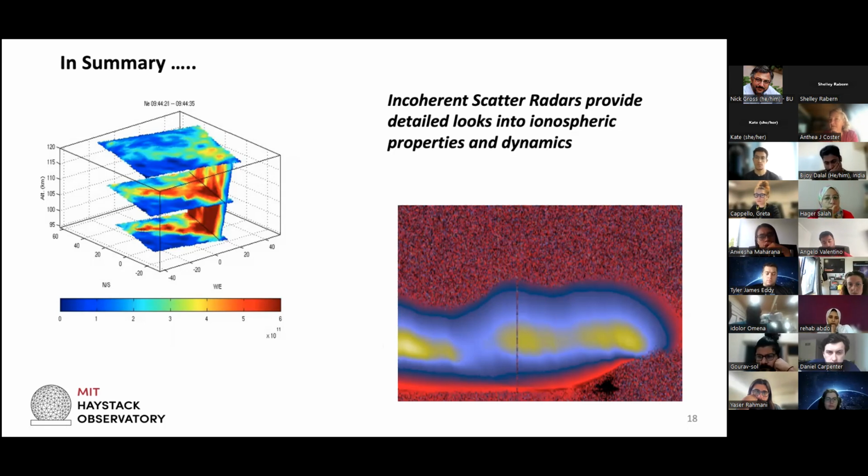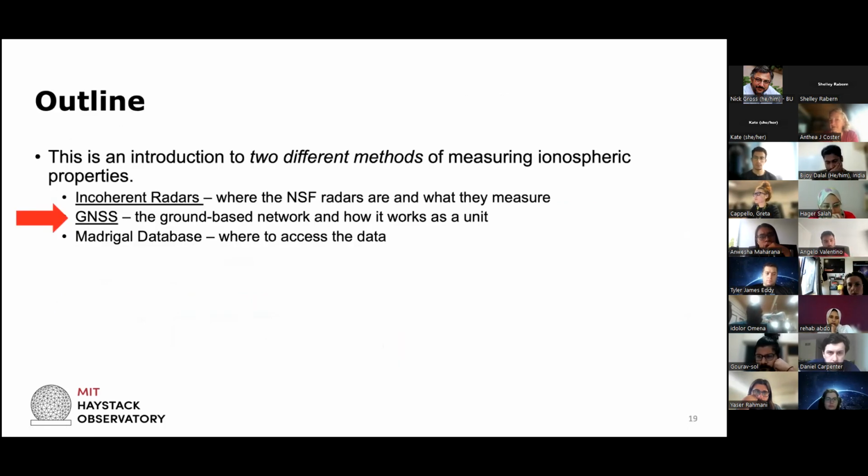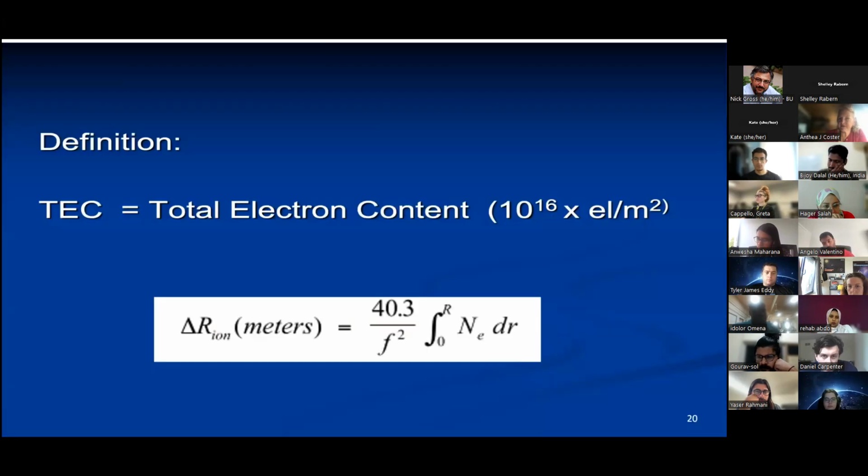Now, from that, we're going to move over to GPS or GNSS. Even though my PhD was at Arecibo with Bill Gordon, the discoverer of incoherent scatter, I ended up spending most of my career on GPS. It's a different sensor, with a different ability to measure the ionosphere.